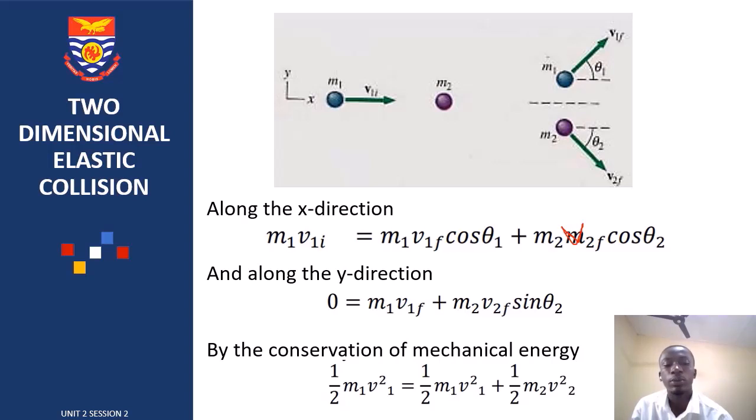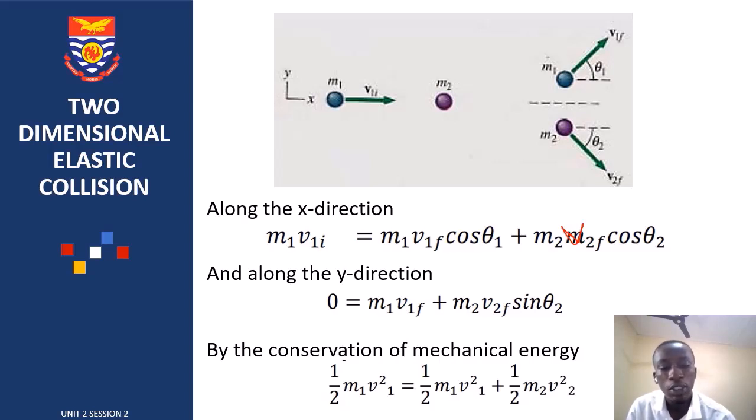Along the y direction, because the body was moving only on the x-axis, the before collision is going to be 0. So the after collision will be m1 v1f sine theta 1 plus m2 v2f sine theta 2.